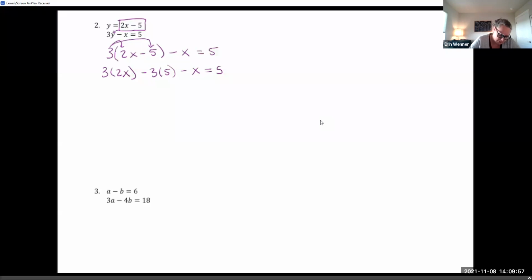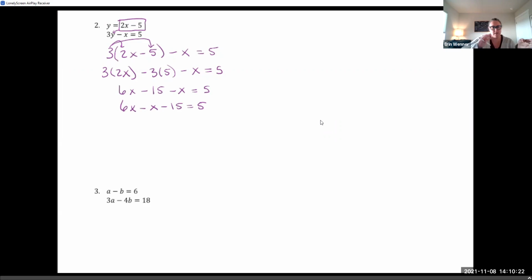So simplifying, 3 times 2x is going to be 6x. 3 times 5 is 15, minus x equals 5. So now we want to combine like terms. If it helps to rewrite them so they're all next to each other, you can do that. All I did was move the minus x from the end of the equation up to the front.